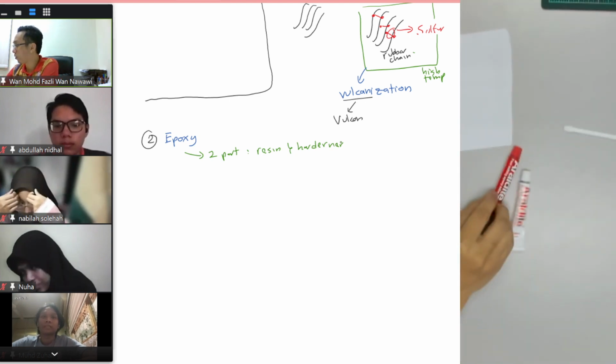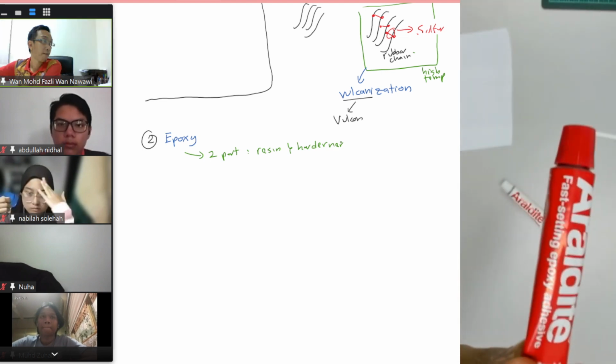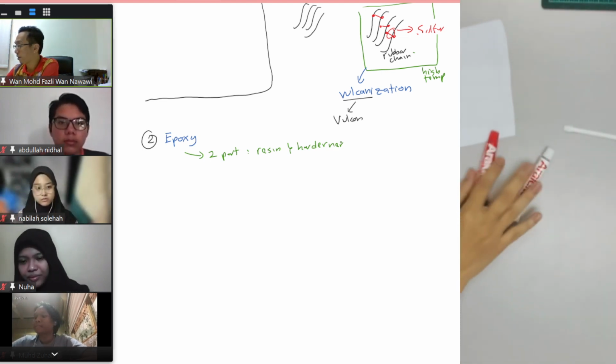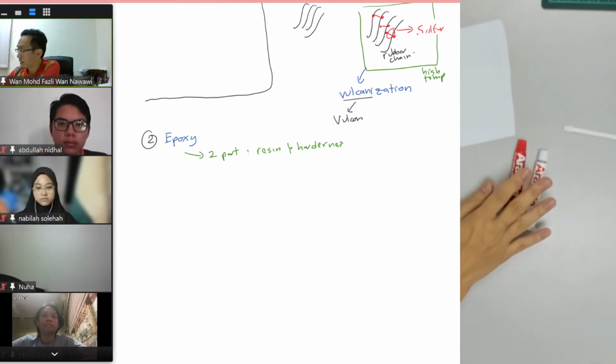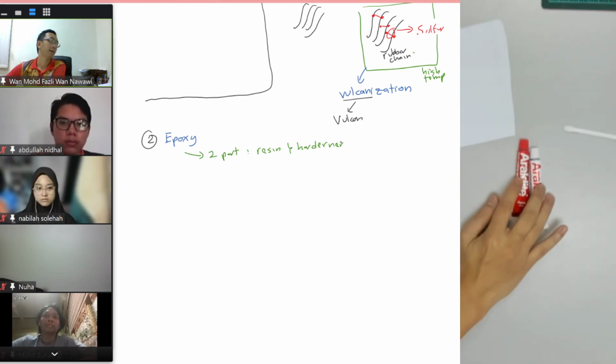If you look here, it says fast setting epoxy adhesive. Meaning that for these two, the resin and the hardener, if they mix together, then the reaction happens.